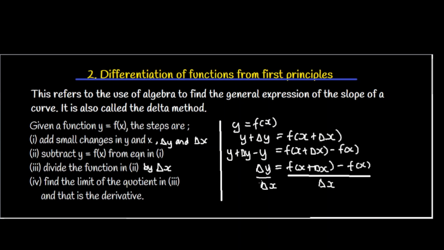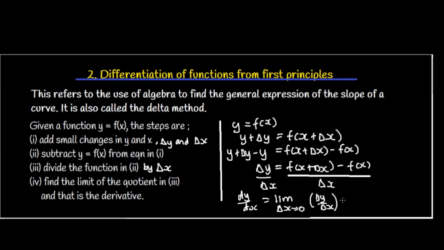That is procedure number 4, or step number 4. It says to find the limit of the quotient in step number 3, and that is the derivative. So we have the derivative, which is dy/dx, equal to the limit as change in x approaches 0 of change in y over change in x.